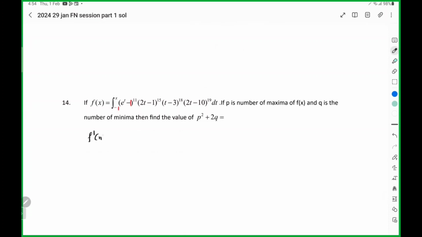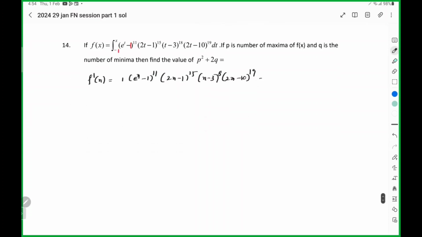Here f dash x, to find a minimum or maximum, the derivative is (e^x minus 1), (2x minus 1) power 15, (2x minus 10) whole power 90. So where it is 0, here x is 0, half, here it is 3, here it is 5.